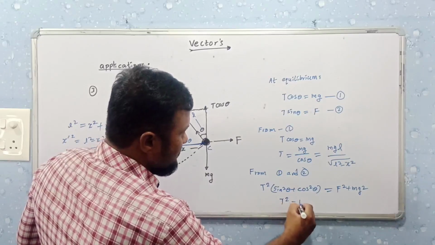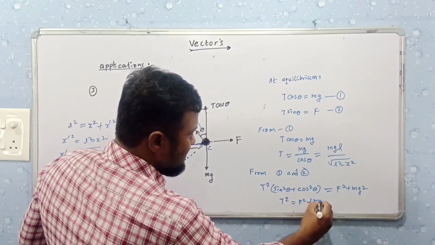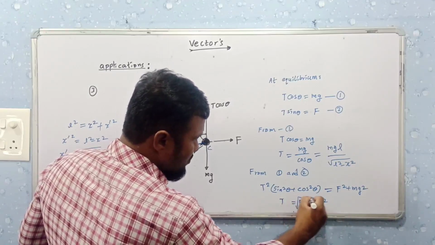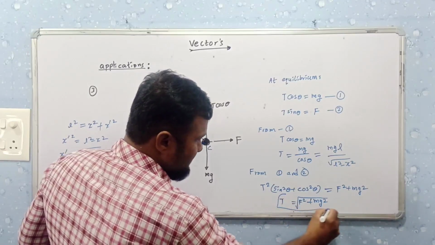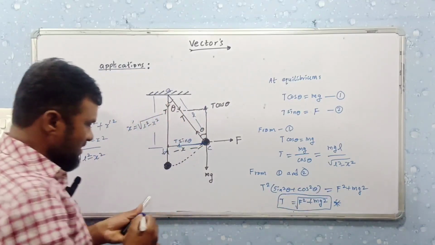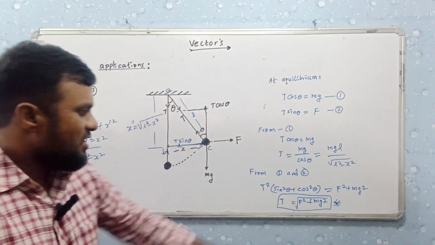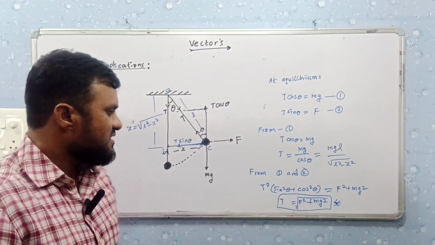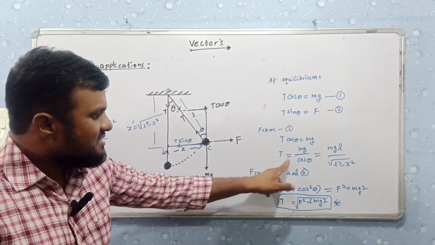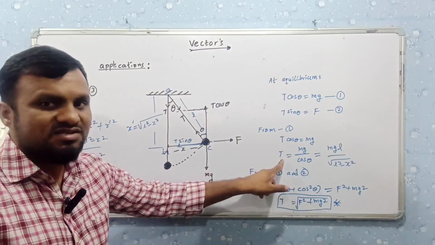T square is equal to F square plus mg square, or T is equal to root over F square plus mg square. This is one of the formulas you can find. By using this formula, if you know force and mg, you can find the tension in the string.